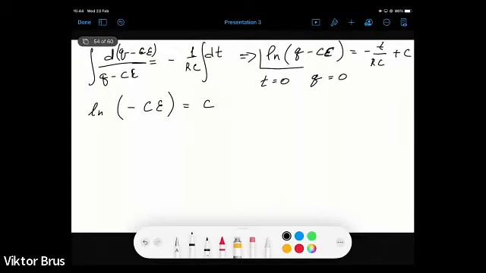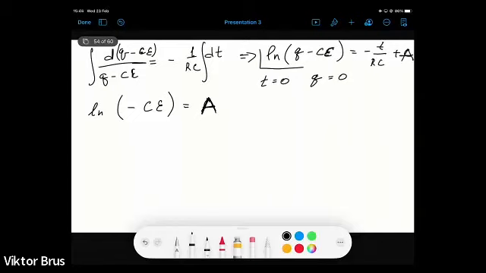Maybe let us write this constant differently, maybe a, because we can be confused with capacitance c. So it will be constant a. So then we see what our constant will be equal to. It is natural logarithm of minus c times epsilon. Now we can substitute this in the equation in order to get the final function.